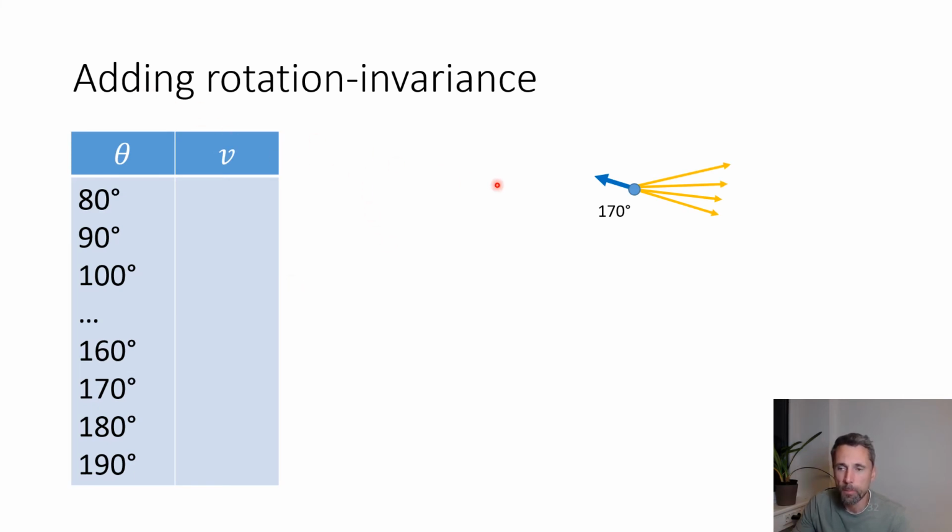So let's say we have observed an edge pixel with a gradient orientation of 170 degrees. Now, in the original formulation, we would assume the object hasn't been rotated, so we look up the list of v's in this line corresponding to that gradient orientation, and these are these 4 yellow vectors.